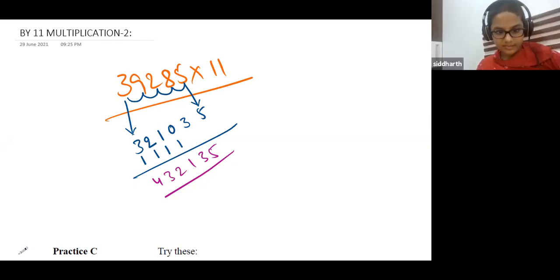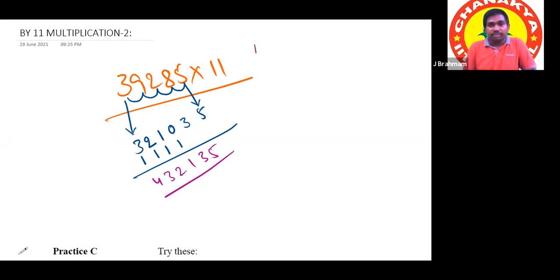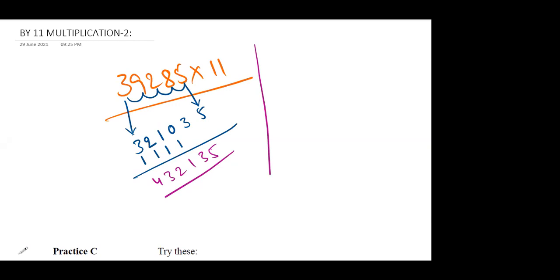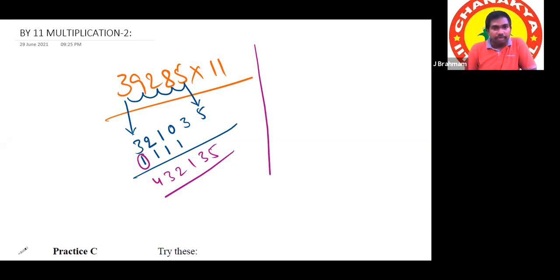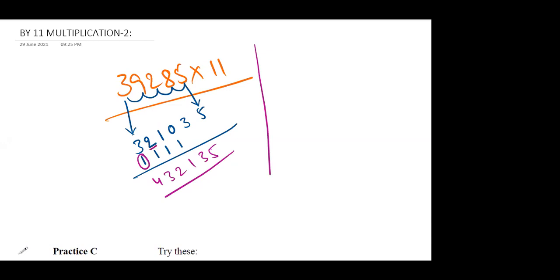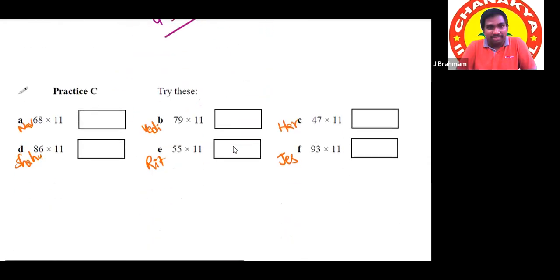Are all of you clear with this? If we get carry with some of the digits, if it is 12, write 1 before and 2 as it is. Sir, please give long ones, these are very short ones in the exercise. Yes, we'll do long ones also.